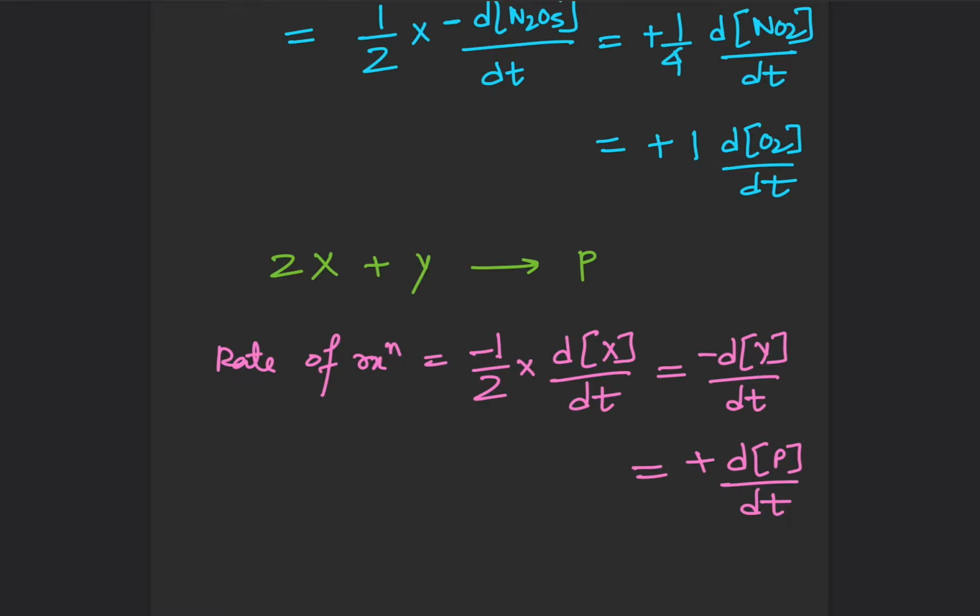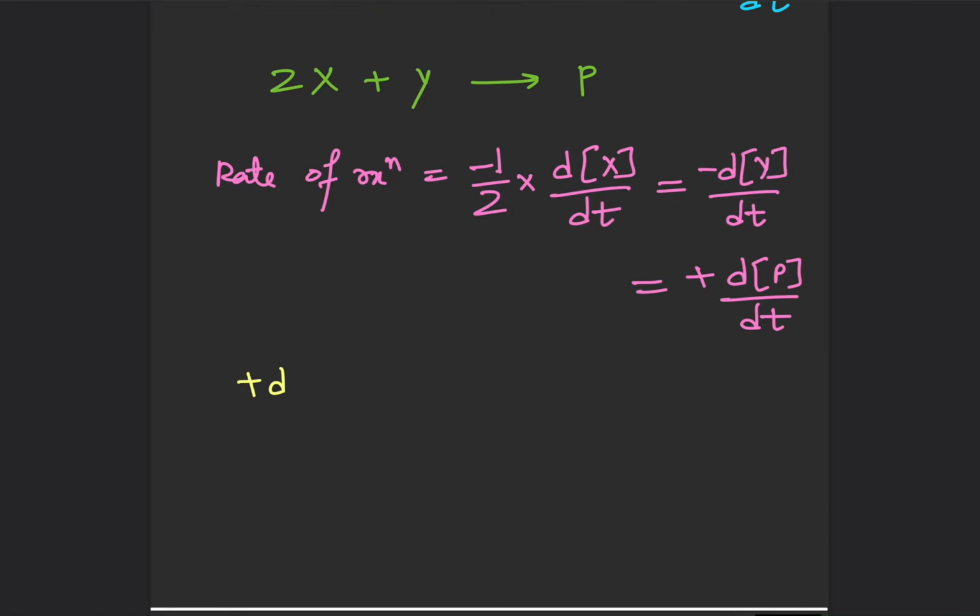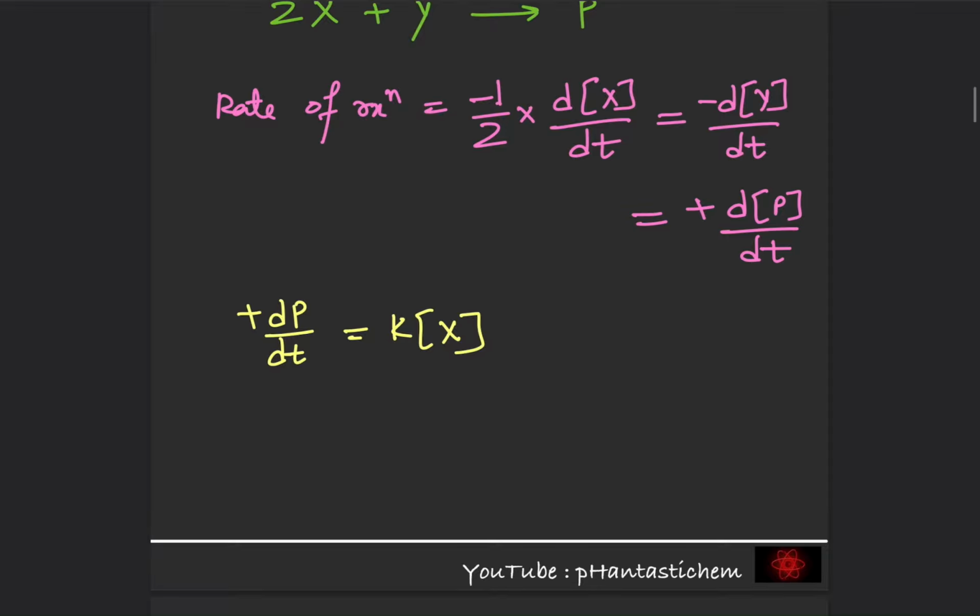And also it is given to us that the rate of reaction, that is plus dP by dt, is equal to k into concentration of X. This is given to us in the question.